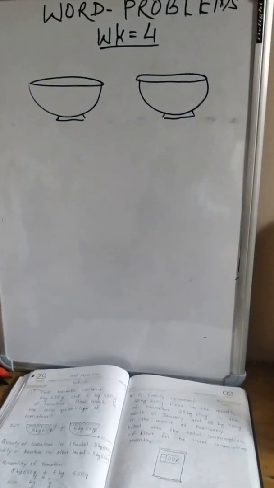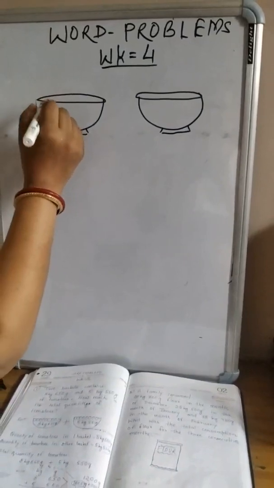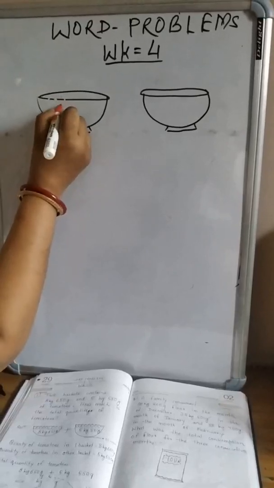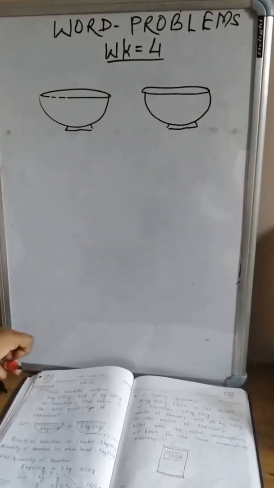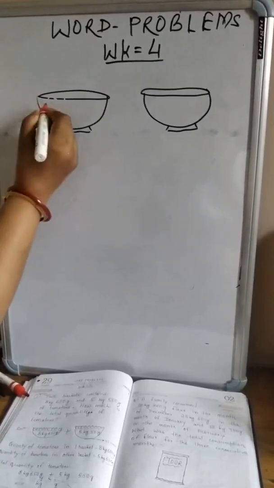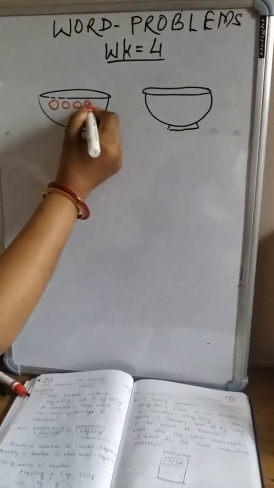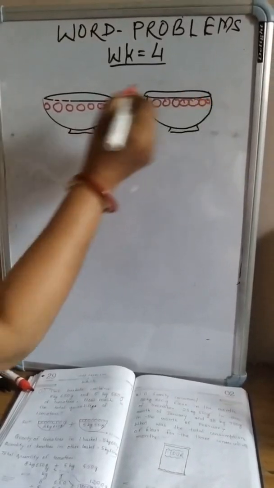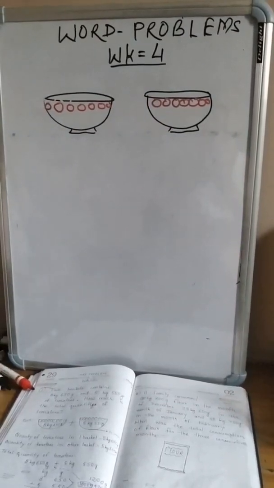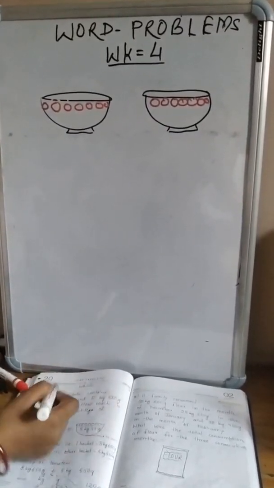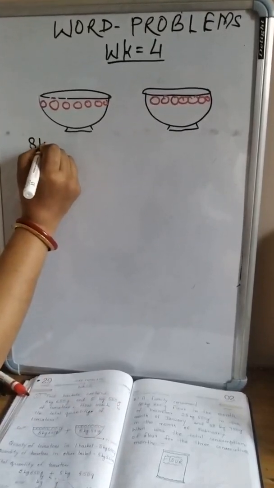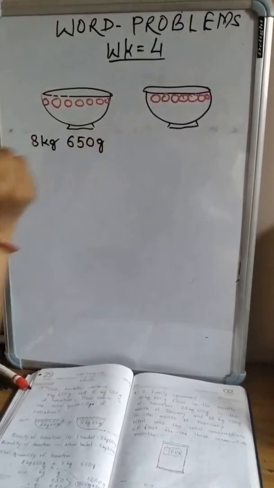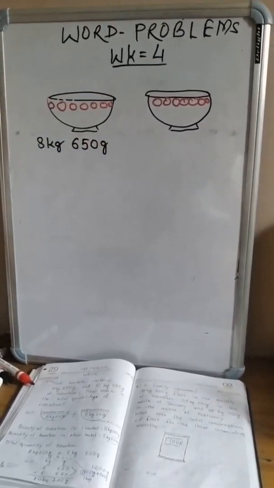So the first basket is having tomatoes. The two baskets contain the tomatoes. So in the first basket, what is the quantity of tomato? It is 8 kilogram and 650 grams. Right?